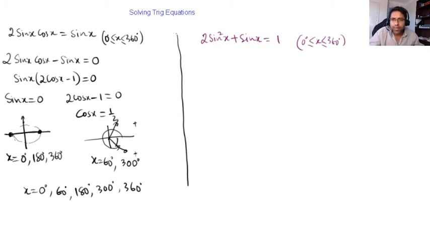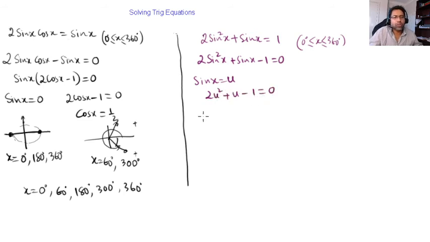We have a question here: 2 sine square x plus sine x equal to 1. If you move that to this side, 2 sine square x plus sine x minus 1 equals 0. It looks like a quadratic, so let's say sine x equal to u. Then it's obviously a quadratic equation, 2u square plus u minus 1.